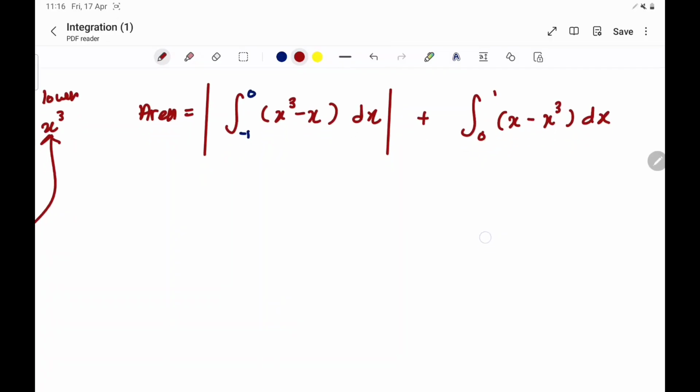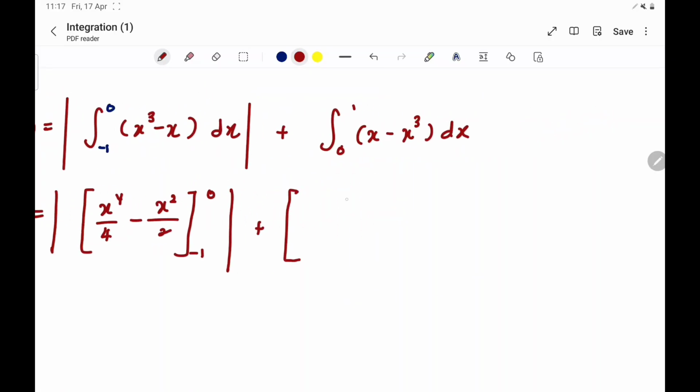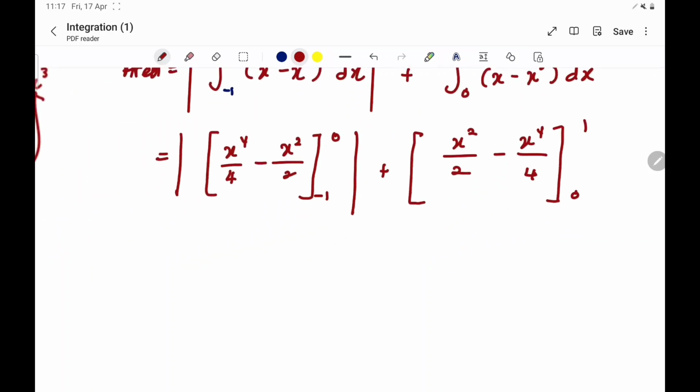So you integrate them, so you're going to get x to the power of 4 divided by 4 minus x squared divided by 2, integrated from -1 until 0, plus, then you integrate x to the power of 2 divided by 2, and then you get x to the power of 4 divided by 4, from 0 until 1.